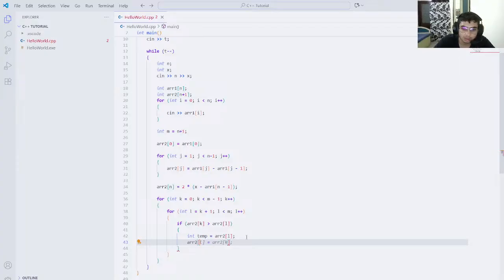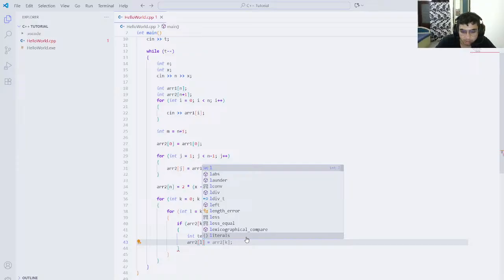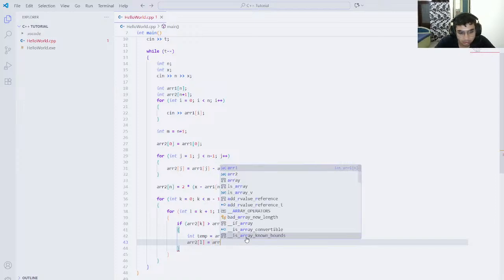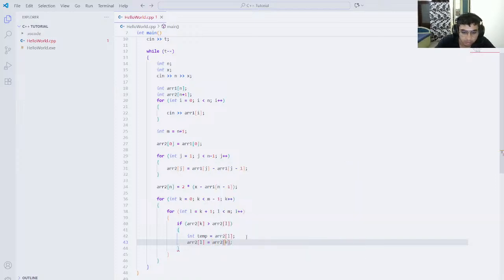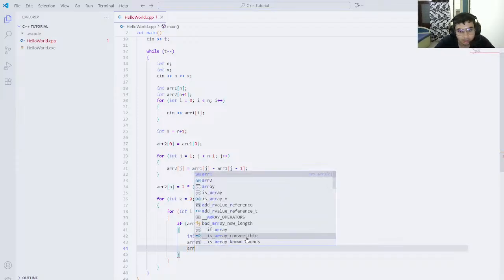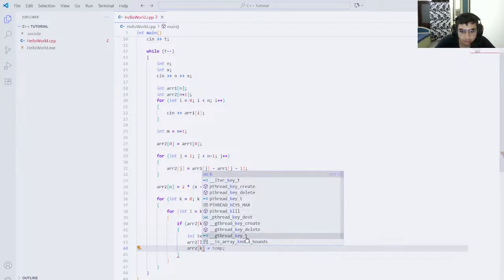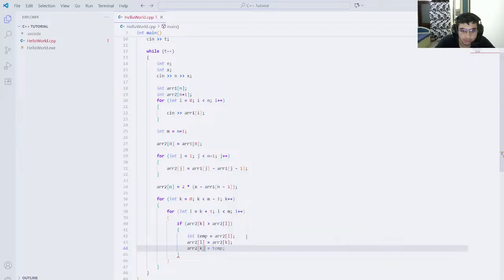So I have put its value in temporary, so I can put K's value in L, ARR2 K, and then ARR2 K can just be temp.